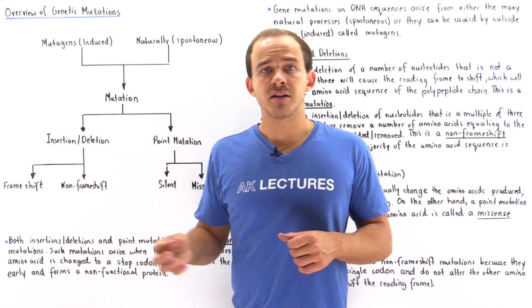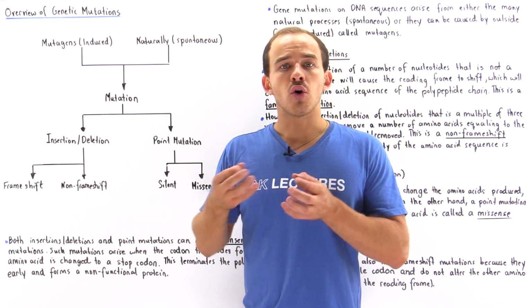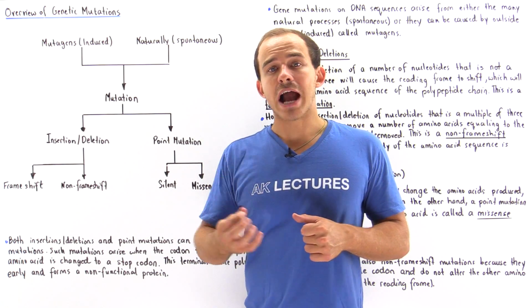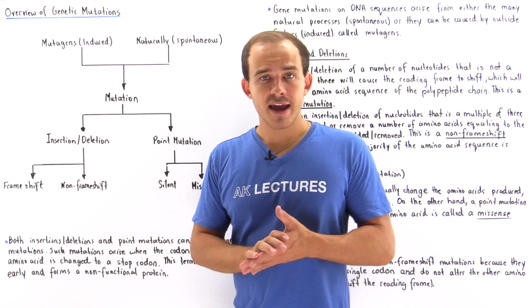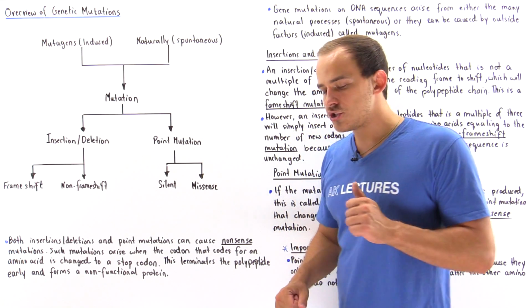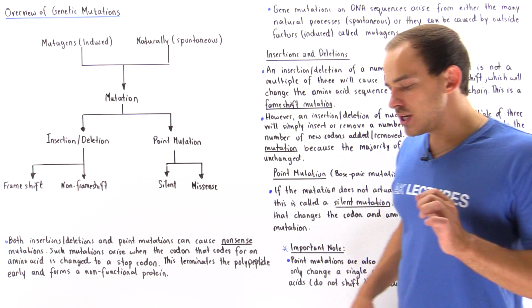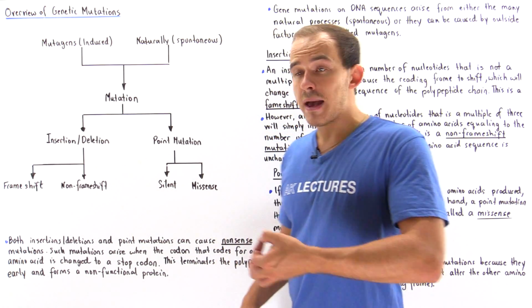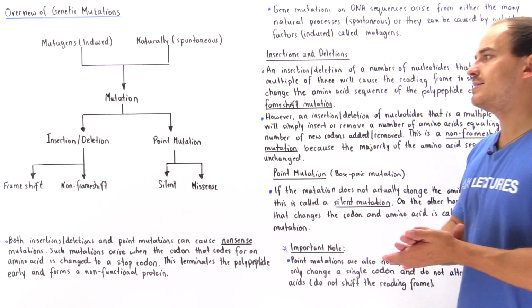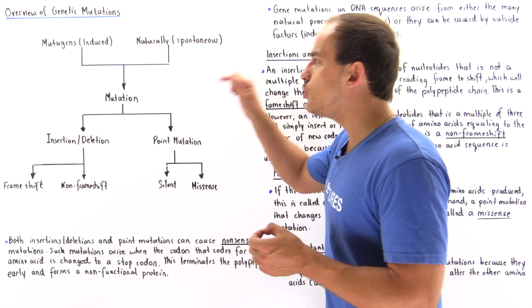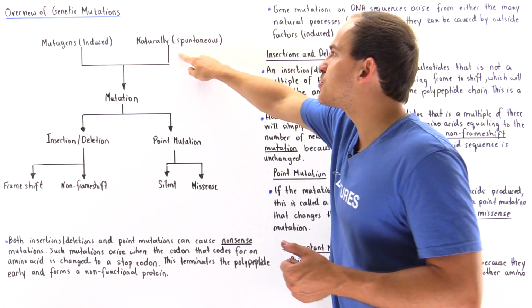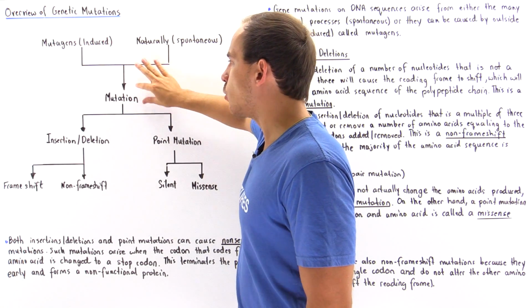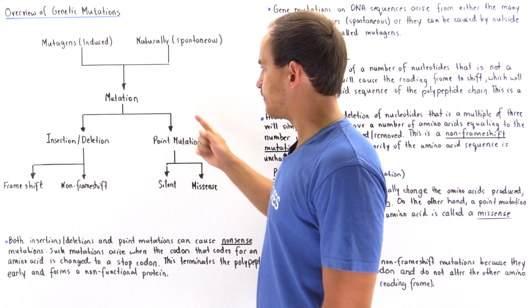These are outside physical or chemical forces that can induce our gene mutation, and one example is UV radiation. UV radiation is an outside physical agent that can cause harm and create a gene mutation in DNA. So we have induced mutations or spontaneous mutations. So we have two reasons for our mutations to arise.